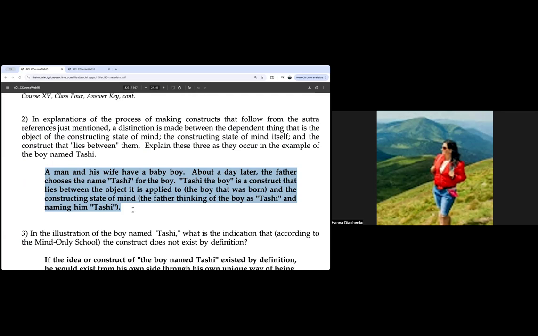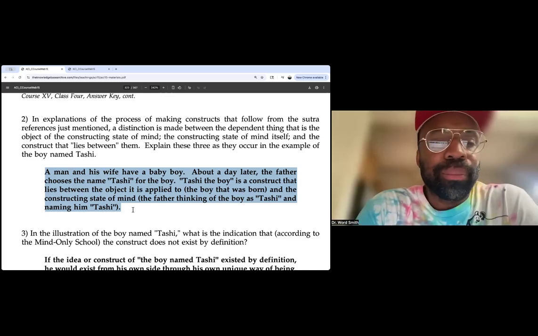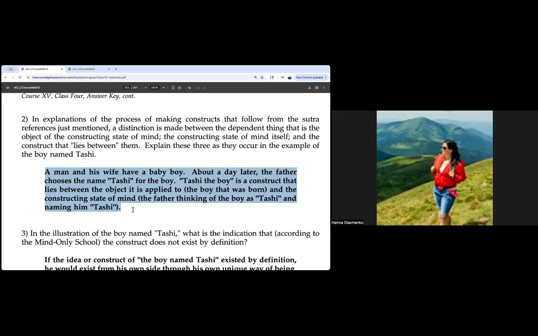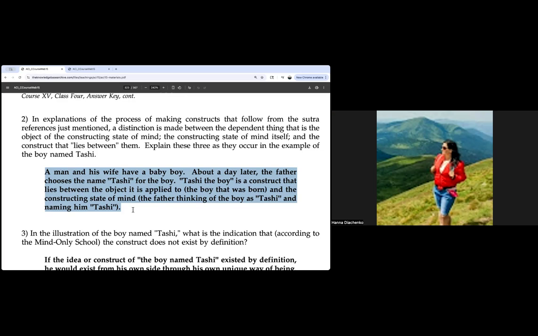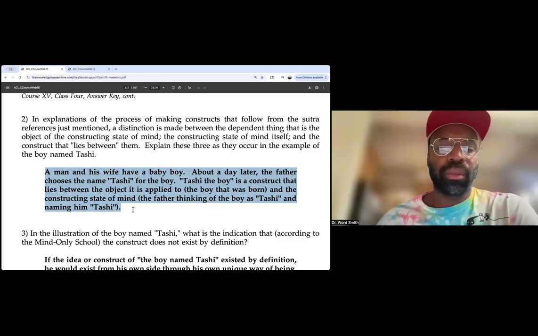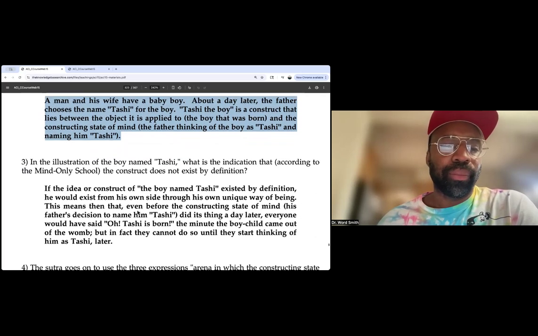Tashi is the construct that lies between the object it is applied to, the boy that was born, and the constructing state of mind, the father thinking of the boy as Tashi and naming him Tashi. Yeah. You have the boy, the construct, and the thinking of the name, basically.